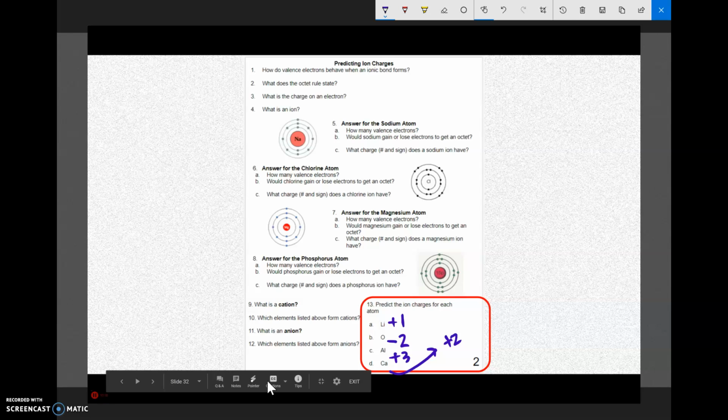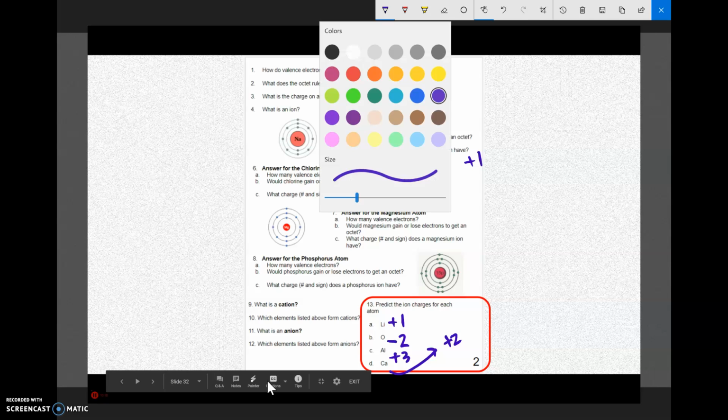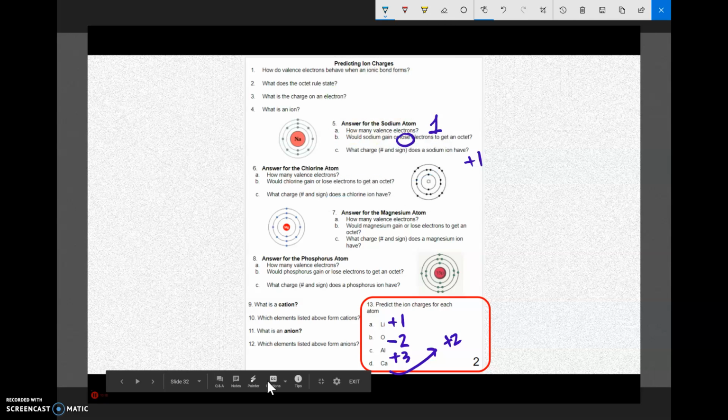Okay, welcome back. Sodium: how many valence electrons is 1? Does it want to gain or lose? It wants to lose that 1, and when it does, it's going to have a +1 charge. Okay, chlorine has 7 valence electrons. It's going to want to gain, because it's easier for it to gain 1 than to lose 7. And so it's going to have a -1 charge.